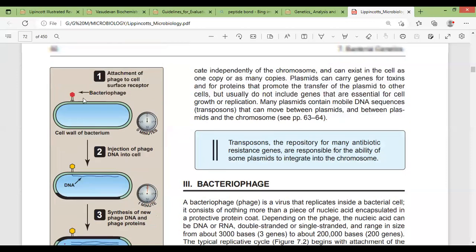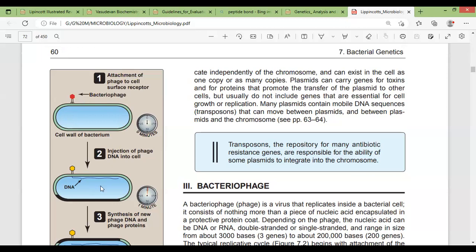The virus touches, and then it enters. Once it enters, its nucleic material, whether it's RNA or DNA, is taken up by the host cell. In this case, the host cell is the bacteria, and the phage proteins are produced.